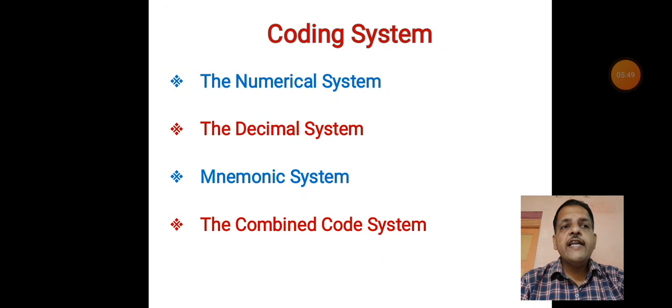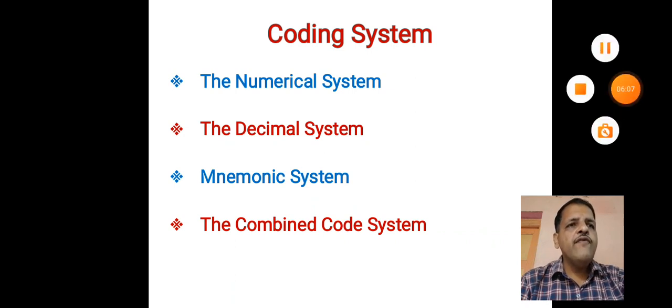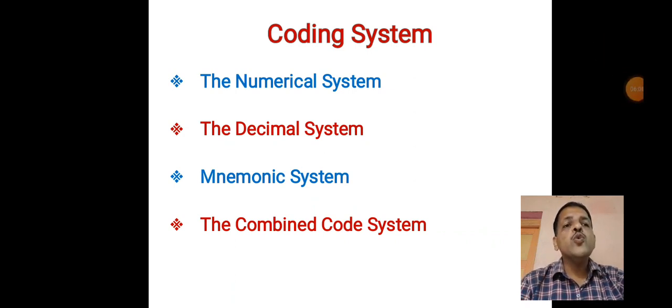When we say factory expenses, FE. Like that we use codes, and it is known as the mnemonic system. Its codes are very easy to remember. We have fewer chances of error because alphabets and letters are used for this coding.